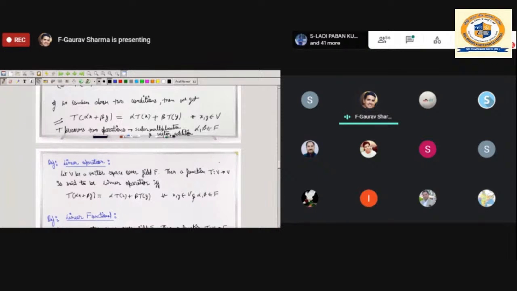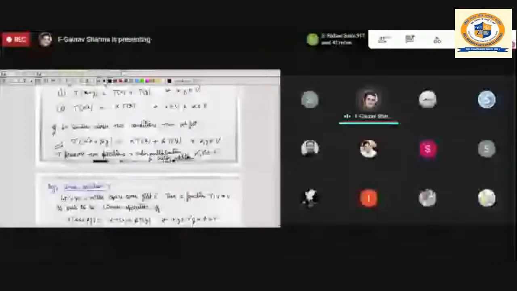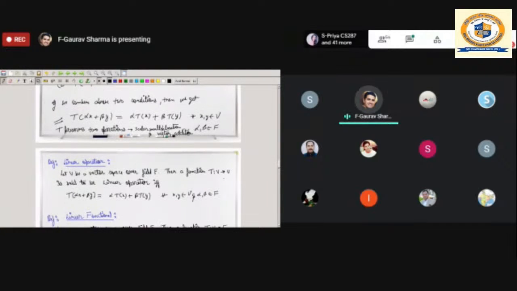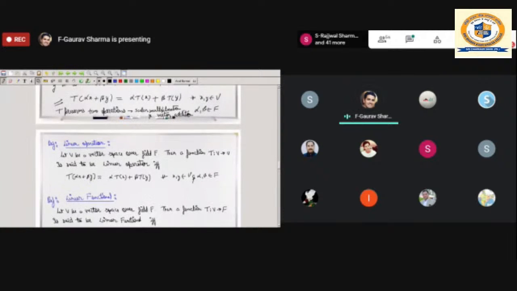Previously we defined a transformation from V to another vector space W. If we define a transformation from V to V, then we call it an operator. So if the transformation is linear, then it is a linear operator. It is just that we have replaced W with V.